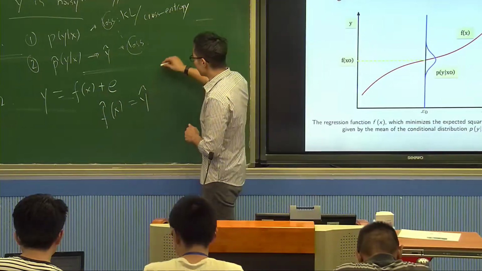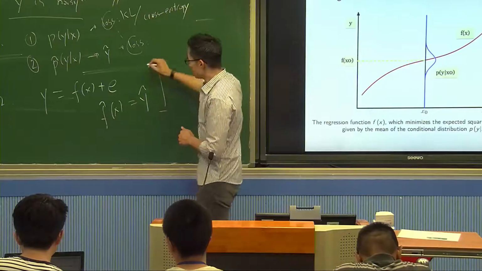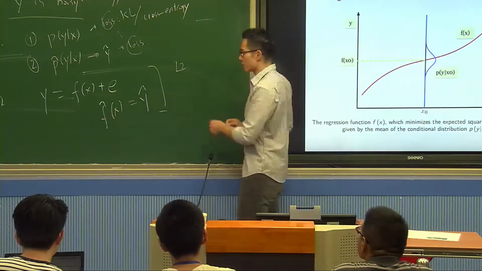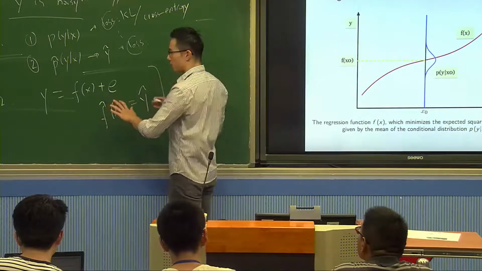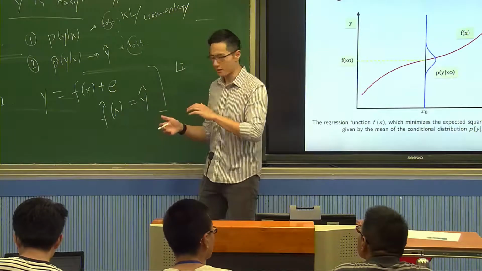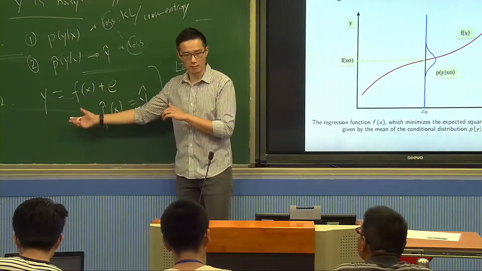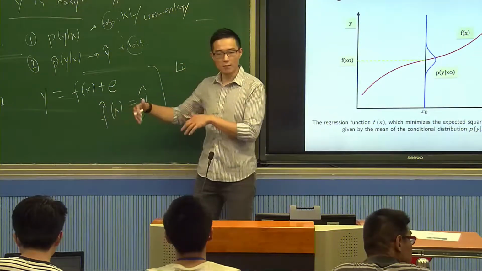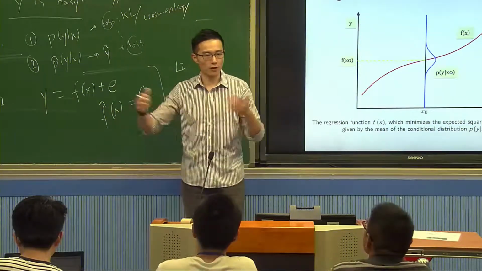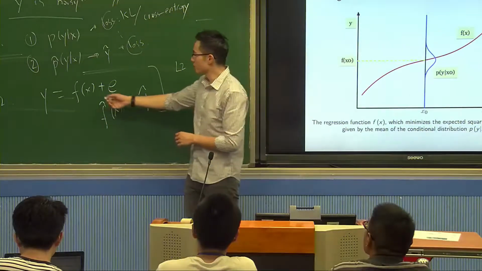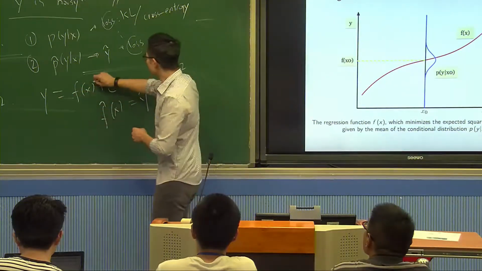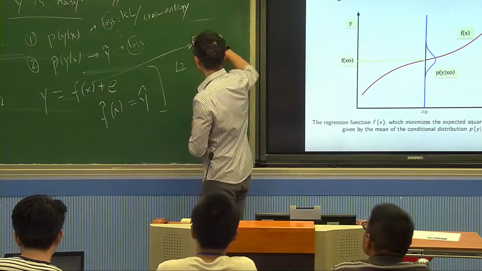Now, in this approach, if we minimize L2, suppose we forget about the model. What is the function f that minimizes the L2 loss in the underlying population, among all functions? If our model is the set of all possible functional forms, it turns out that the minimizer is basically E(Y given X).